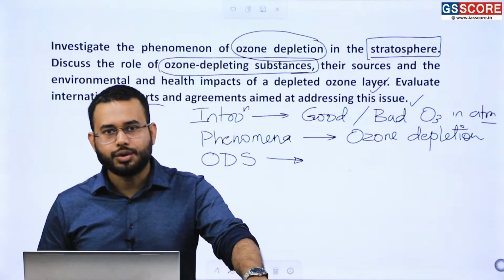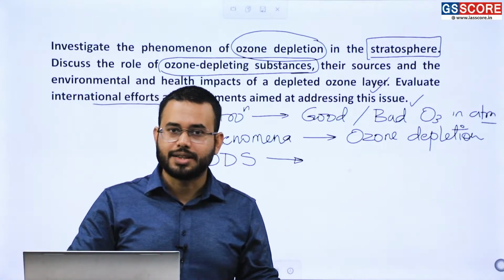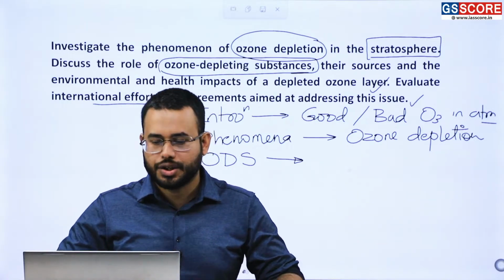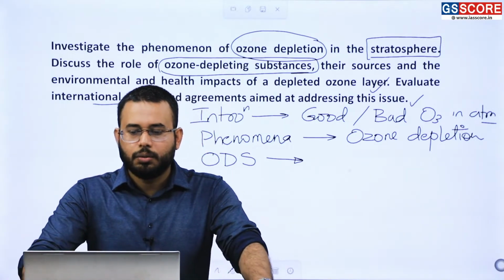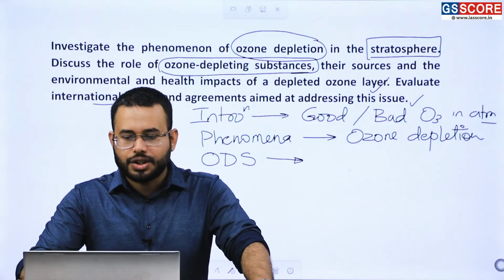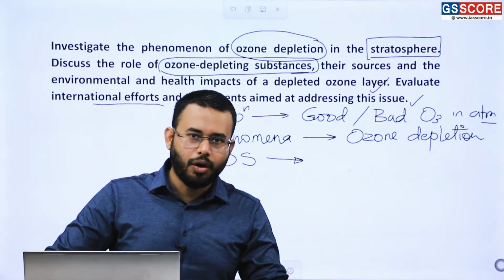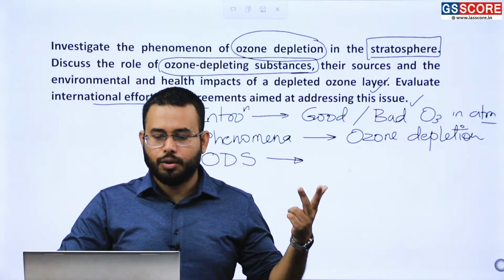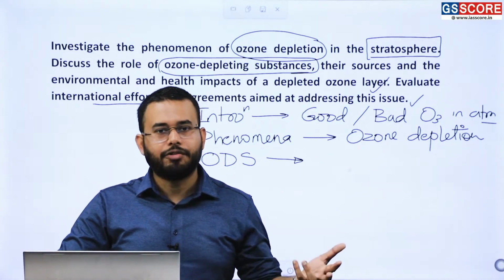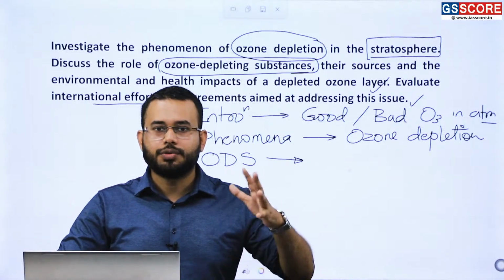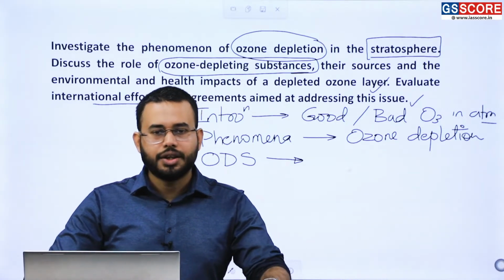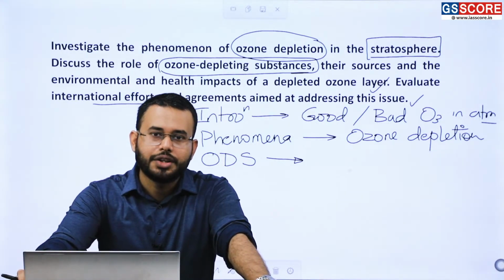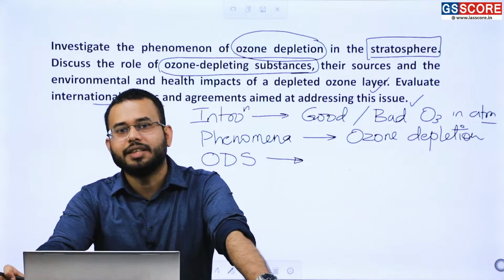Now they are talking about the sources. From which sources are these ozone depleting substances being released? One important source is industrial processes: the industries involved in manufacturing refrigerants, solvents, foam agents and fire extinguishers. These 4 are the primary processes that release these chemicals.